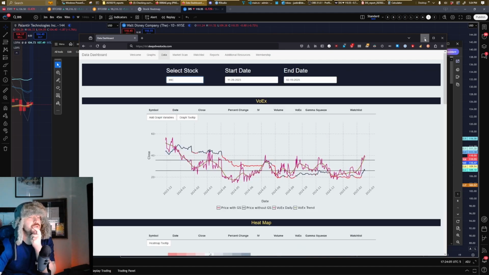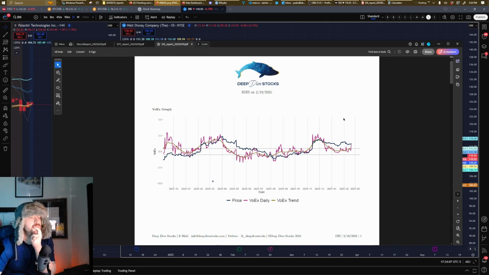If I find it, I'll show you. You can kind of see here, the price already starts to depreciate as Vorex starts to depreciate. So yeah, there are showings where if the price is appreciating, Vorex is in the inhibition zone, but then Vorex starts falling. That's typically when a lot of the hedging that should have been done starts getting done.